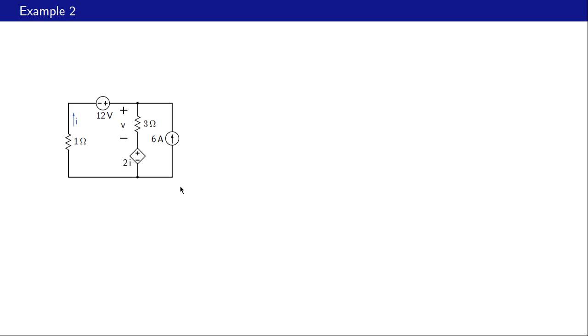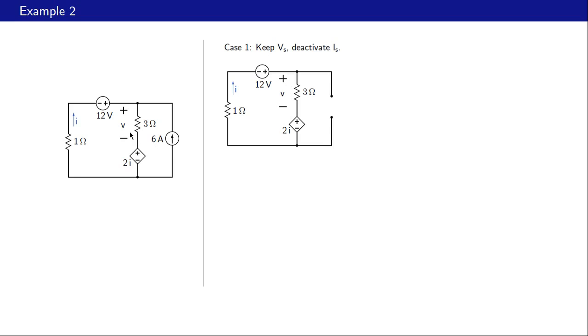Alright, let us now use superposition to obtain this voltage V here. And how do we go about doing that? We have two independent sources, the voltage source and the current source. We take these two sources one at a time, compute V, and then finally add the two values of V. Here is our case 1.